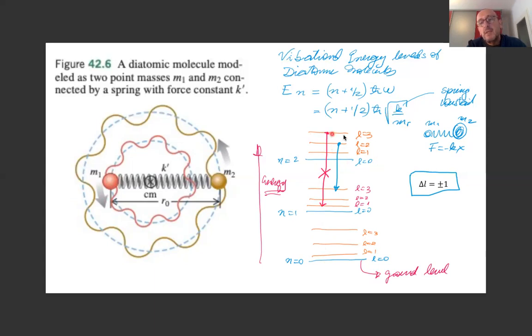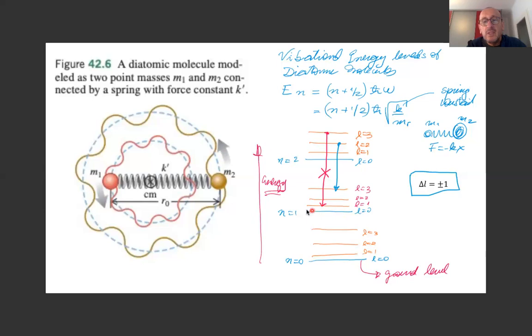The rotational levels are depicted here in orange, and for each vibrational level there is a rotational spectrum too.